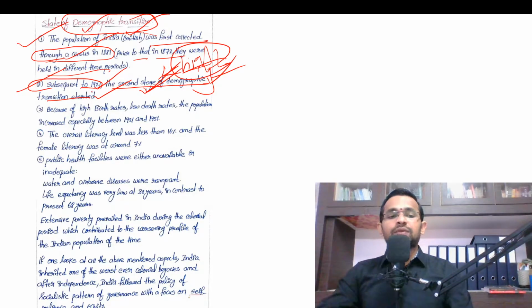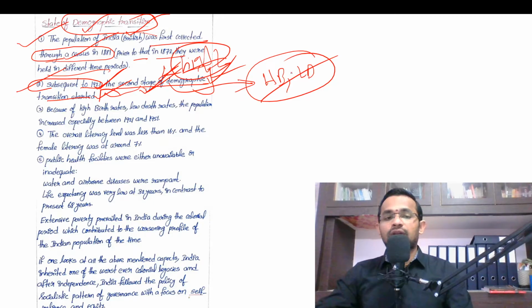That's why after 1921, India entered the second stage of demographic transition, a stage identified by high birth rates and low death rates. This led to a constant increase in the population of India. Because of high birth rates and low death rates, the population increased, especially between 1921 and 1951.